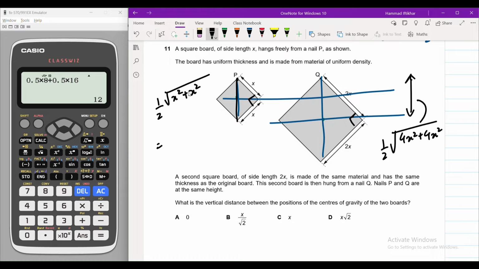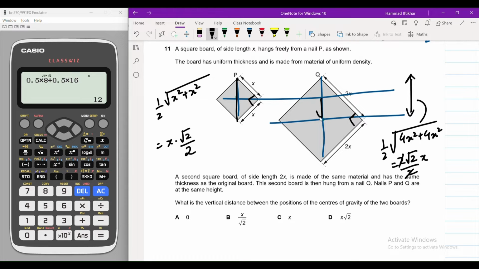So 2x squared, so x times root 2 over 2, right? And this one, 4 plus 4 is 8, and the square root of 8 is 2 root 2, so just root 2 x, because the divide by 2 gets cancelled. So 2 root 2 divided by 2, the 2 gets cancelled.